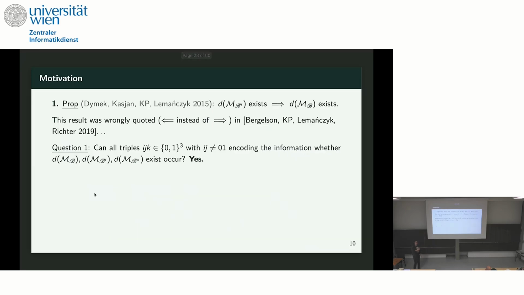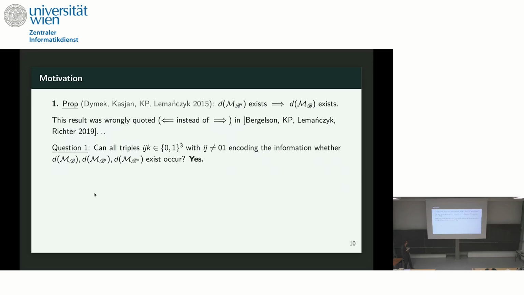Okay, so you have the background. So what about the motivation for what we were doing? There are two parts. The first part is the following. It is not hard to show that if the density of the set of multiples corresponding to tautification exists, then the density of the original set of multiples exists.